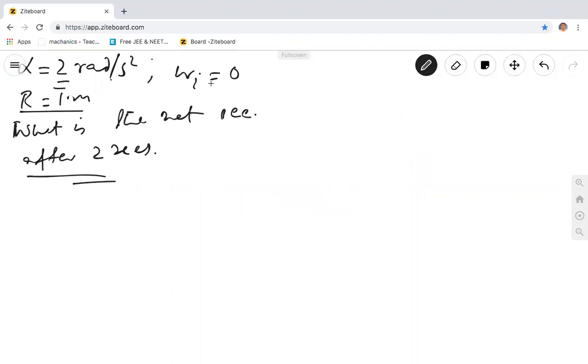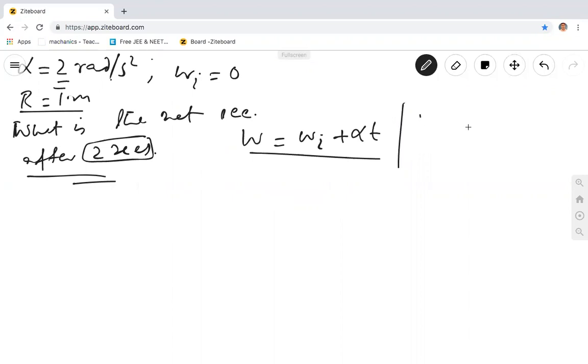Let me find the angular velocity after 2 seconds. Angular velocity after 2 seconds is equal to initial angular velocity plus angular acceleration into time. You know where I get this equation from? I get this equation from v is equal to v0 plus at. The counterpart equation in angular motion is this: final angular velocity is initial angular velocity plus angular acceleration into time. But here the condition is what?